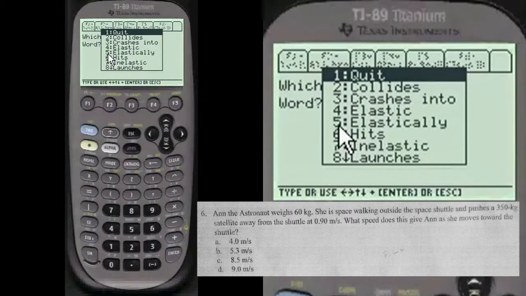For instance, the astronaut, it says, weighs 60 kilograms. In space, you don't weigh anything. It's weightlessness. However, you do have mass. And ironically, they're incorrectly called kilograms, both of them. Weight is called kilograms, and so is mass.